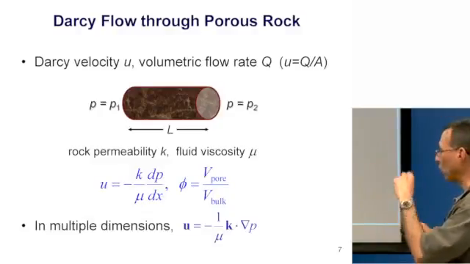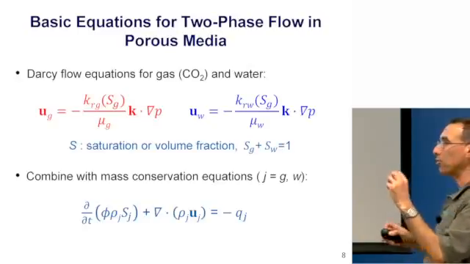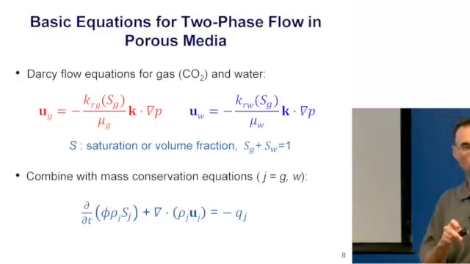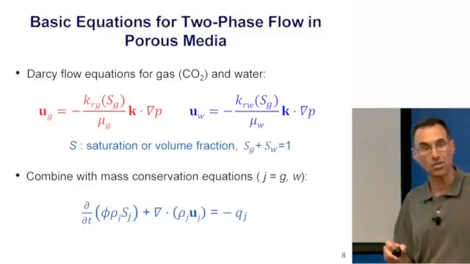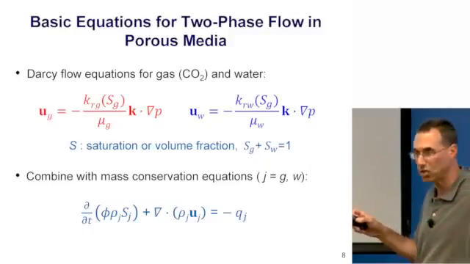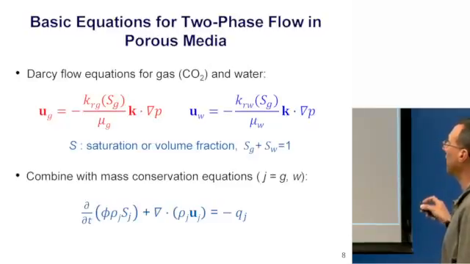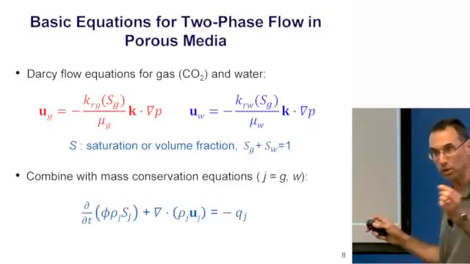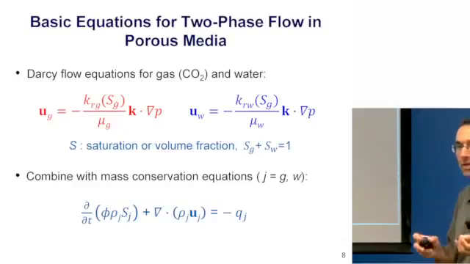So what we do when we simulate flow in the subsurface is we write Darcy-type expressions, Darcy velocity expressions, for the different phases that are flowing. If we're injecting CO2 into saline, and saline is just salt water, we'll have an equation that describes how the gas moves and an equation that describes how the water moves subject to a pressure gradient, and then we'll combine those with statements of mass conservation.